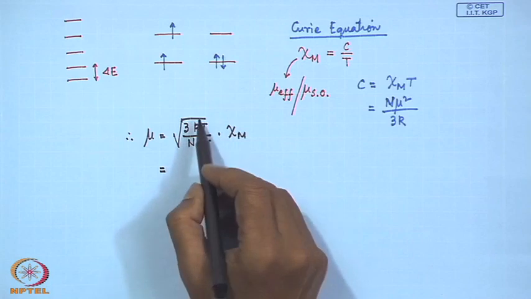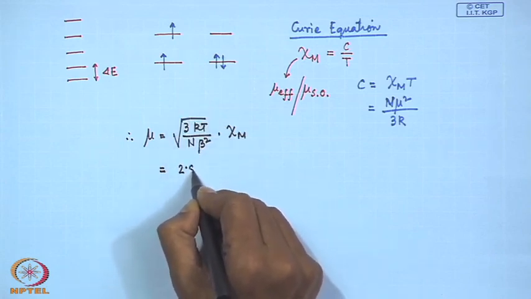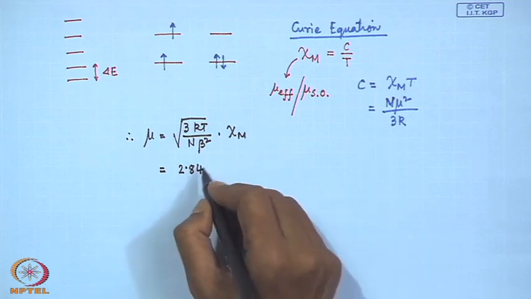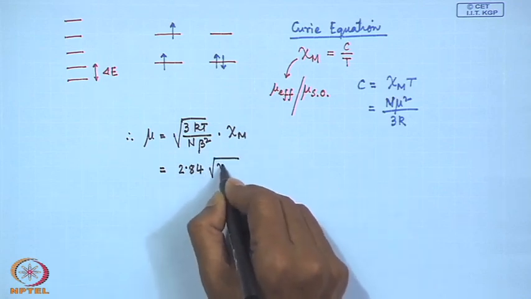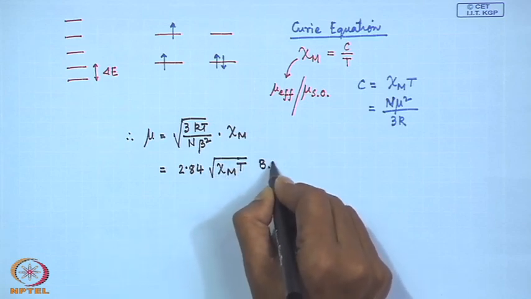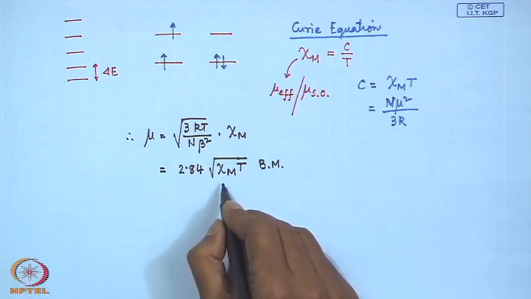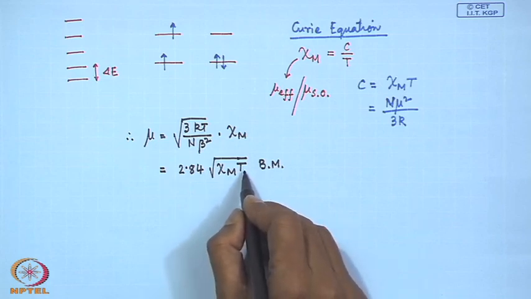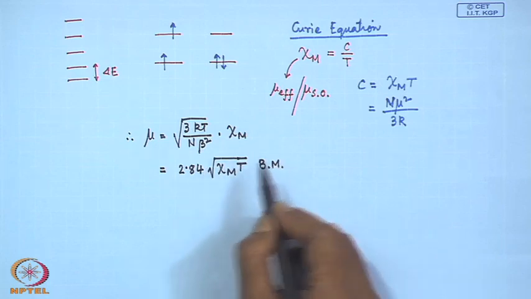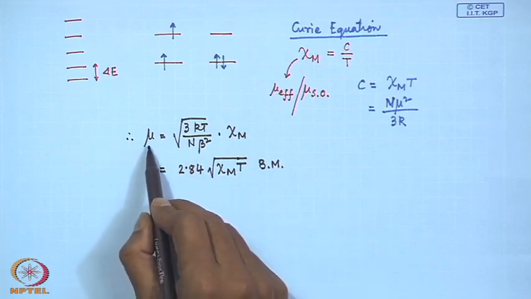If we put in all the constants, that gives us the magnitude of 2.84 into root chi m T. That much Bohr magneton we can find out. So, it is a very simple technique where we can measure the molar susceptibility values, and if we multiply with the temperature and take the square root of this, multiplied by 2.84, which is a constant value, we get the corresponding mu value.